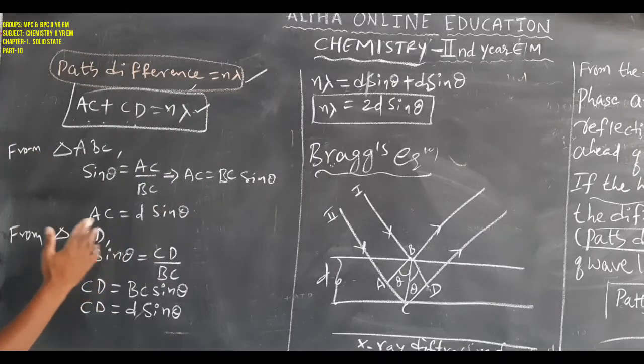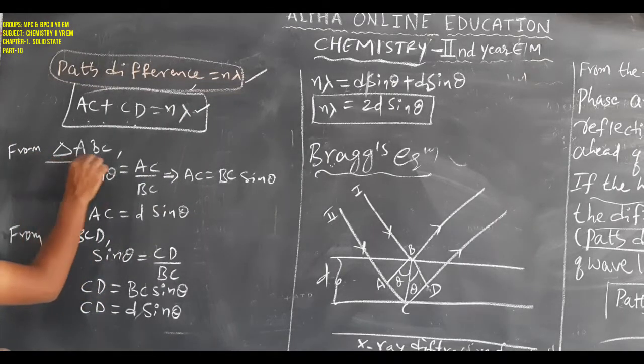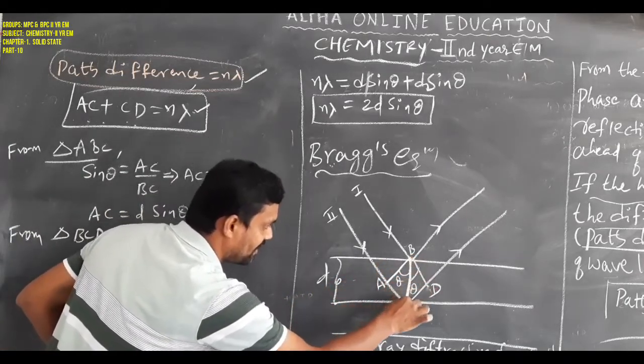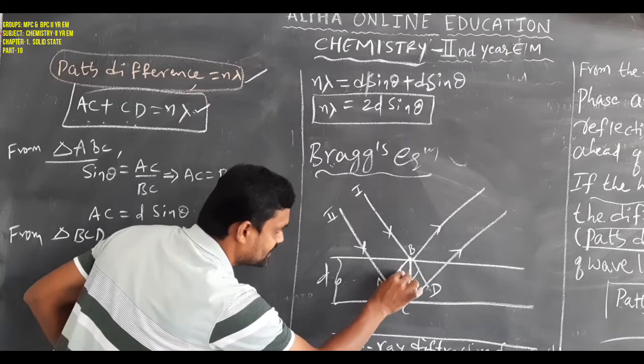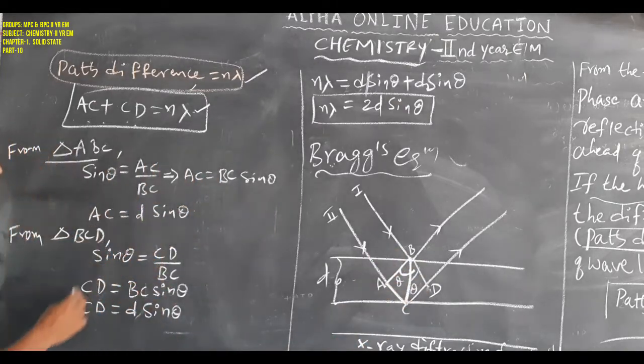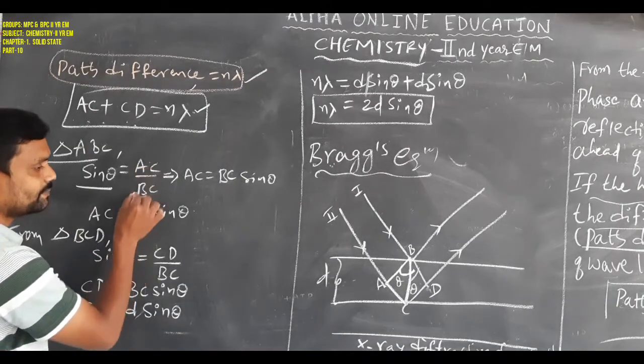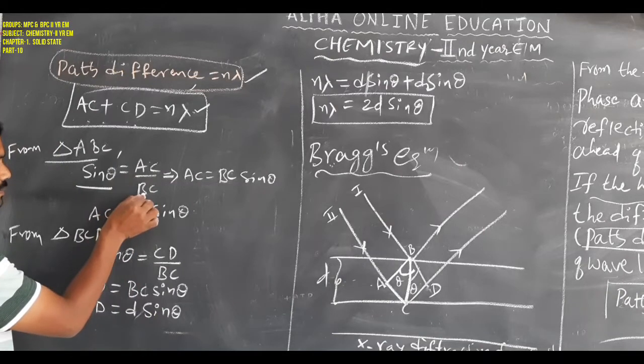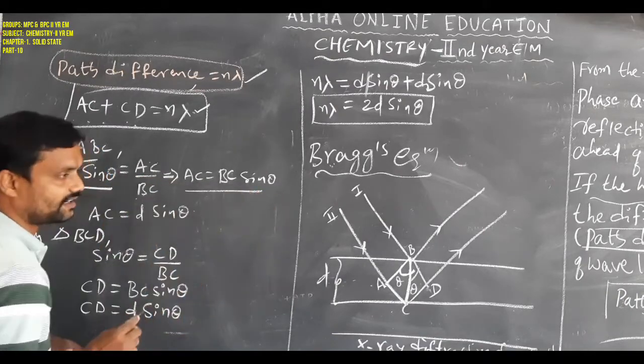From the diagram, consider the triangle ABC, where this is the angle theta. From the triangle, sin theta is equal to AC by BC, so AC is equal to BC sin theta.